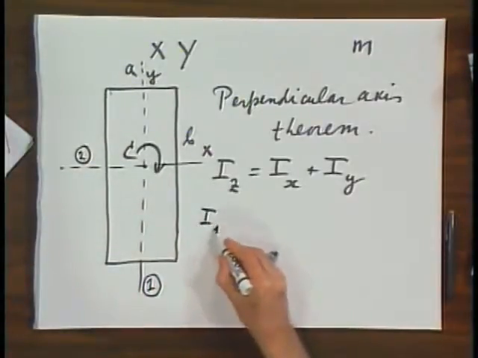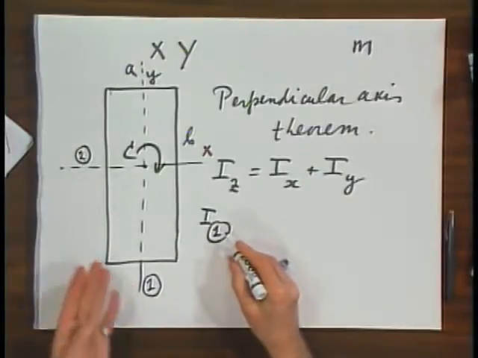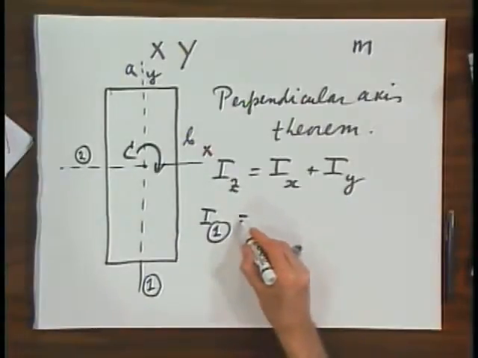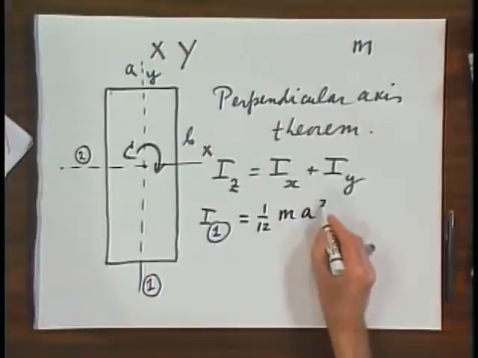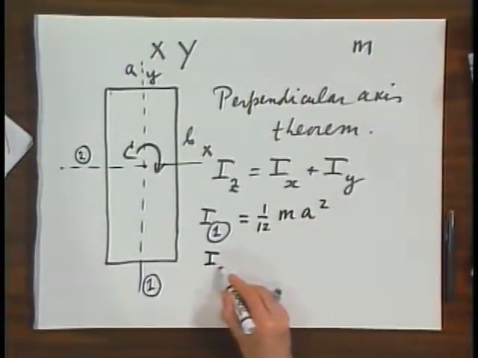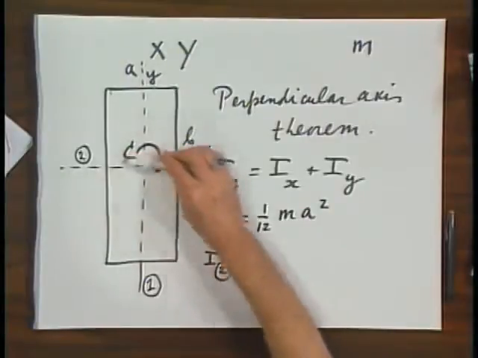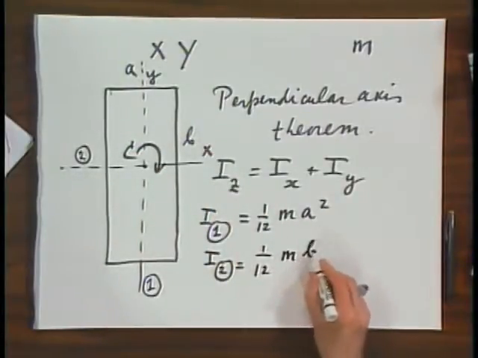I of 1, you either look up in a table or you derive it as we did in a different segment. I of 1 equals 1/12 times m a squared. I of 2, about this rotation axis, equals 1/12 m b squared.